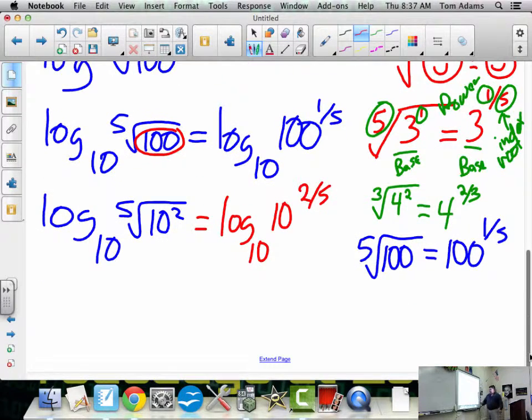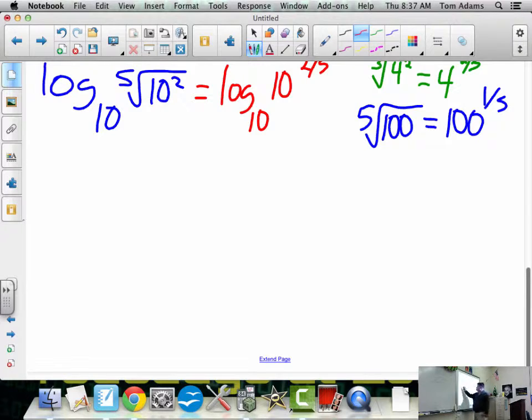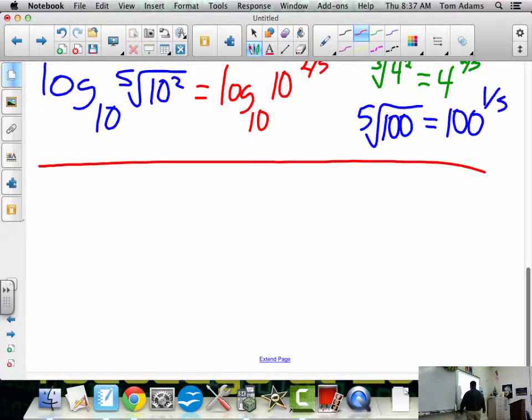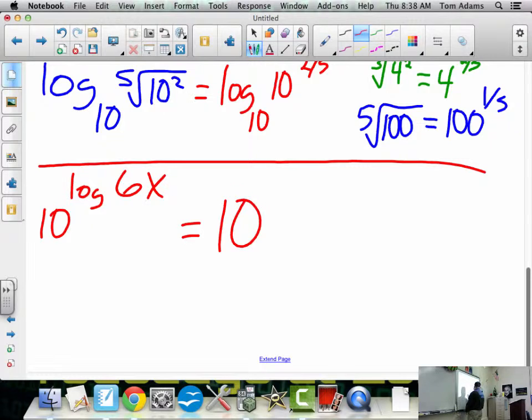One last thing for example number 3. Now they say, okay, if I have 10 raised to the log of 6x, well, what you should think is that this is 10 raised to log base 10 of 6x.